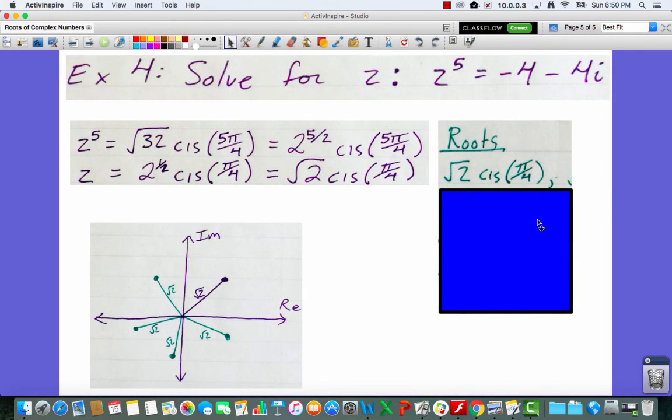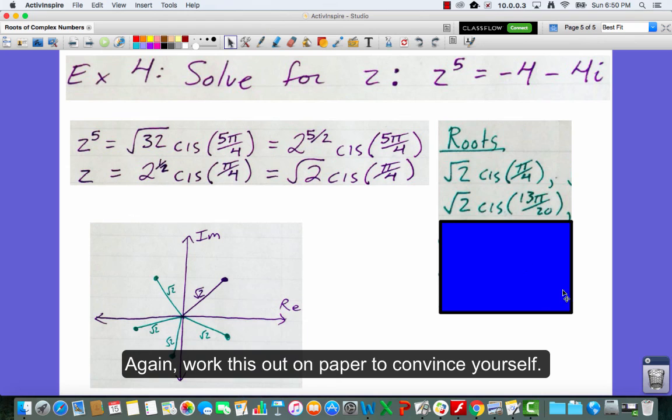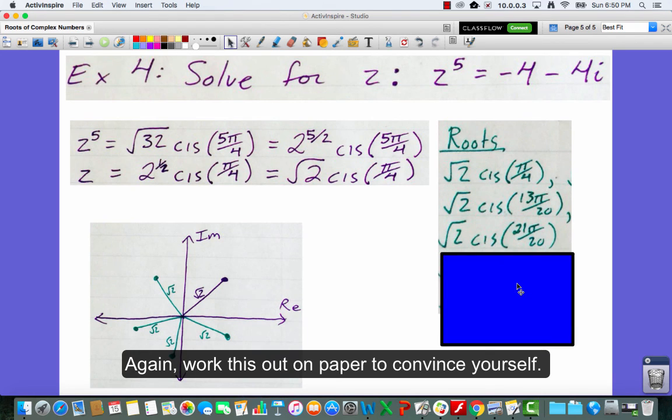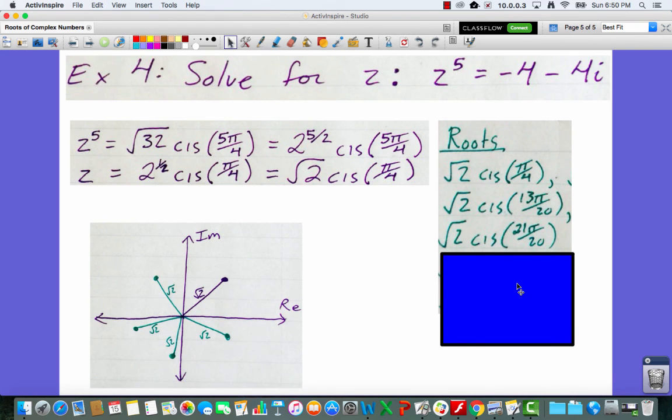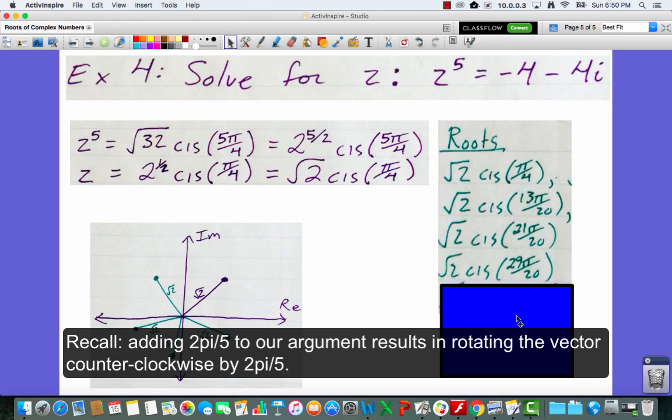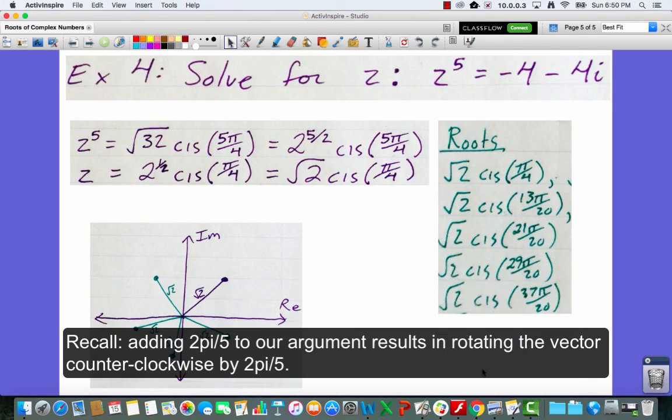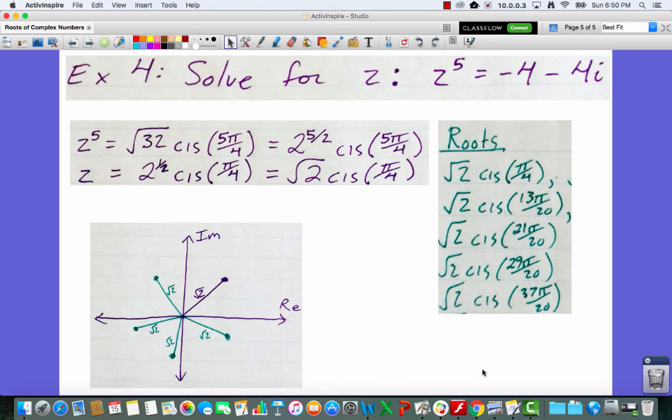Pi over 4 plus 2 pi over 5 is 13 pi over 20. Adding 2 pi over 5 again gets me a next root, 21 pi over 20. Again gets me 29 pi over 20. Finally, my last root has argument 37 pi over 20.